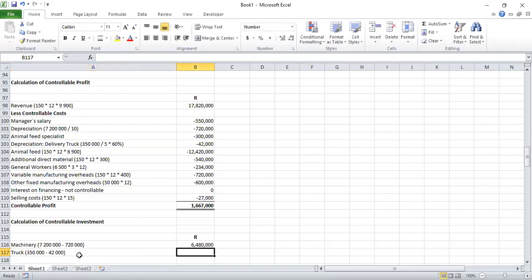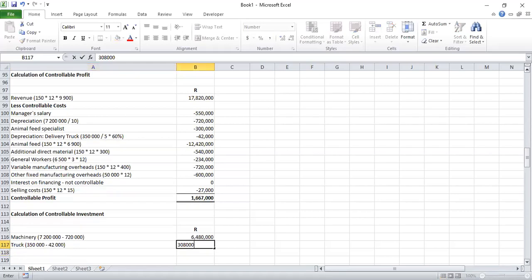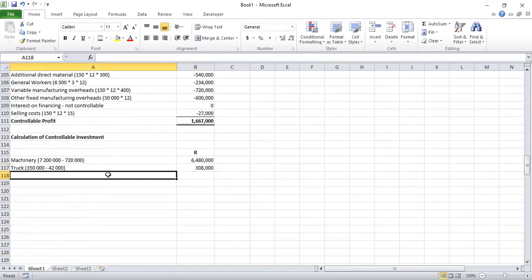We get 308,000. Long-term financing is not controllable, since head office decides on that.